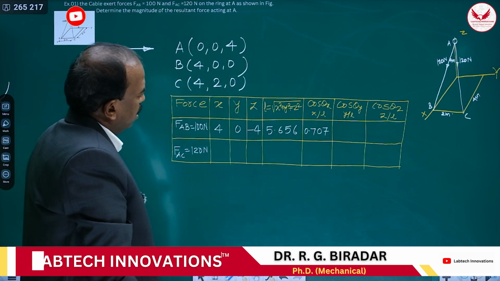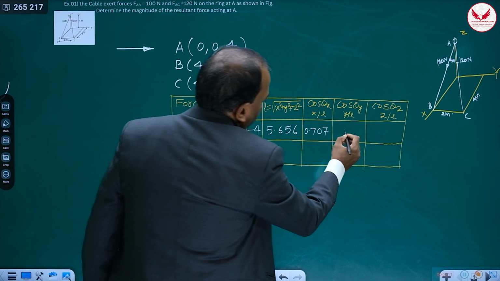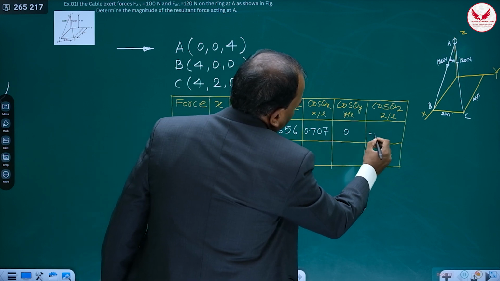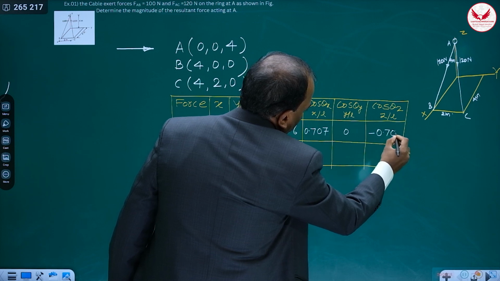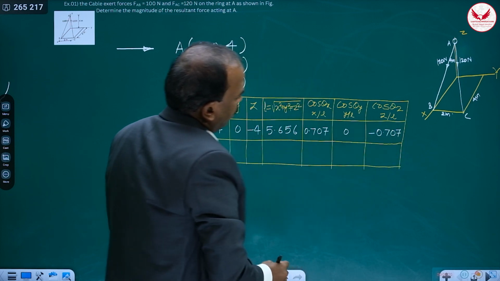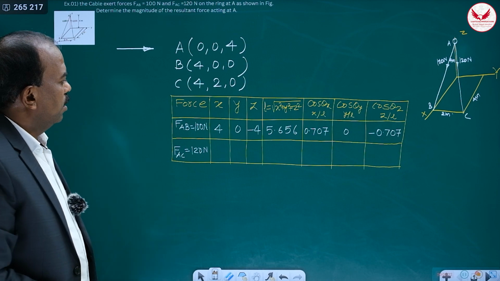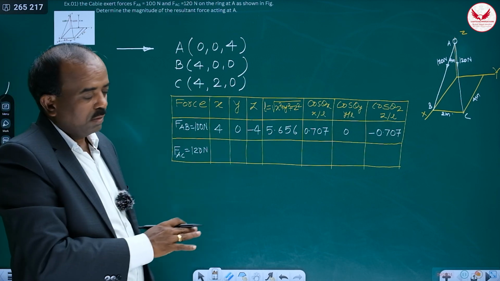Correct. Then this is going to be 0. And what will be this last value? Minus 0.707. So this one row is finished.